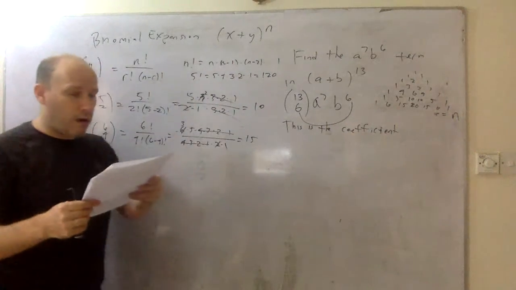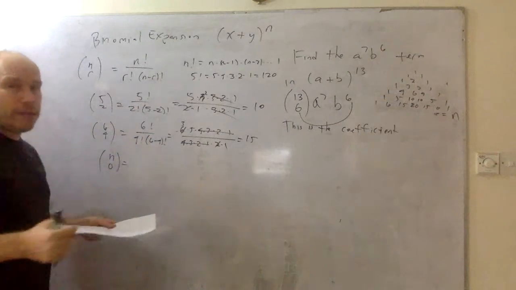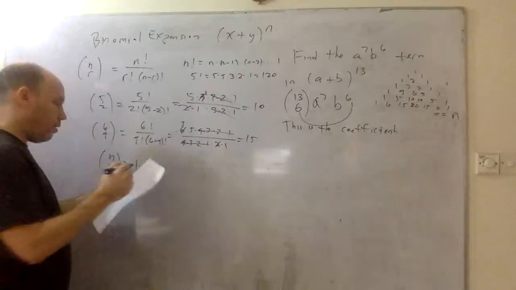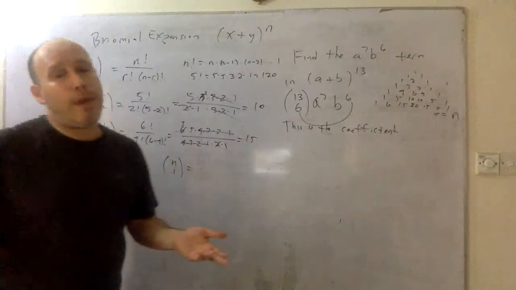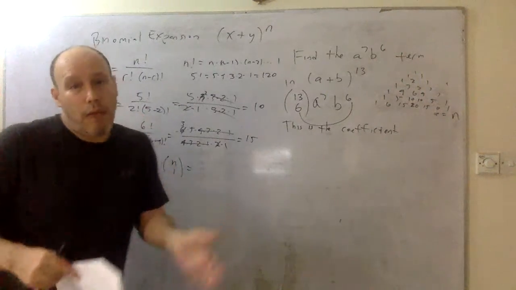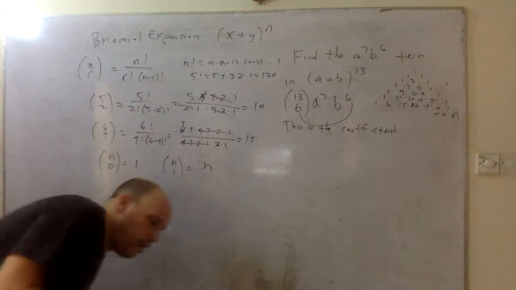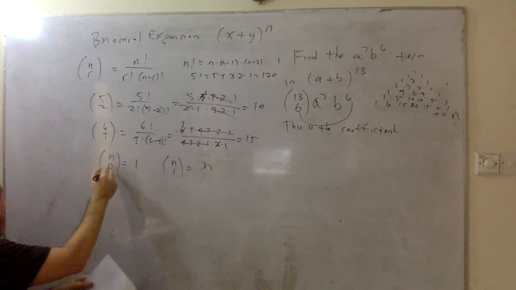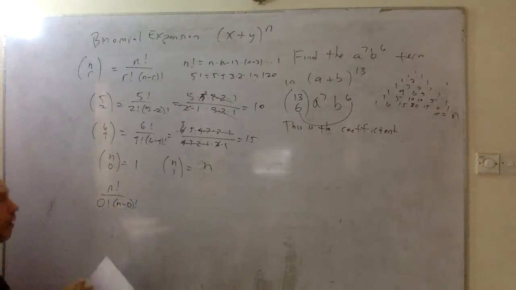Works out nicely. Couple of observations. n choose 0: how many ways can I not do anything? 1. And n choose 1: if I have n objects, how many ways can I choose one of them? Well, n. And so a couple of cool things. We see that n choose 0 is n factorial over 0 factorial times (n minus 0) factorial.